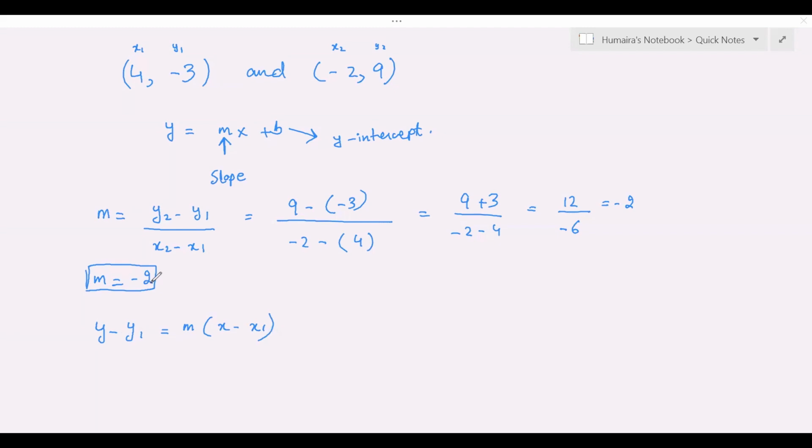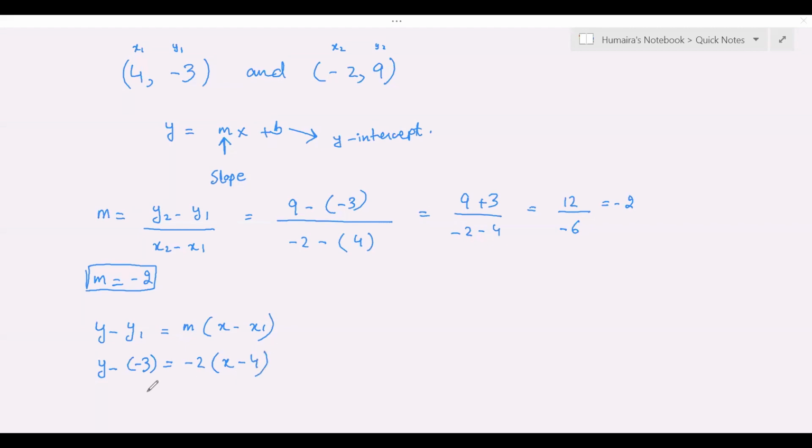Then we have to use this formula in order to find the value of b. You can see now y minus y1 is minus 3, so I will put minus 3 here, equals, what is the value of m? That is minus 2, so minus 2 times x minus x1, which is 4.